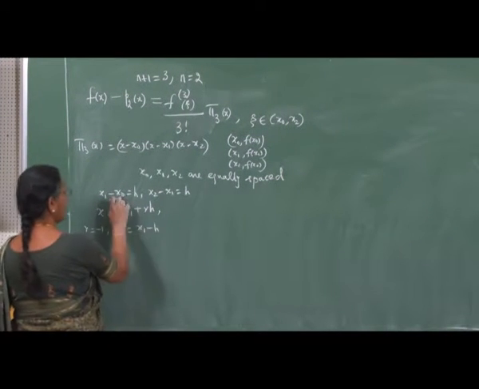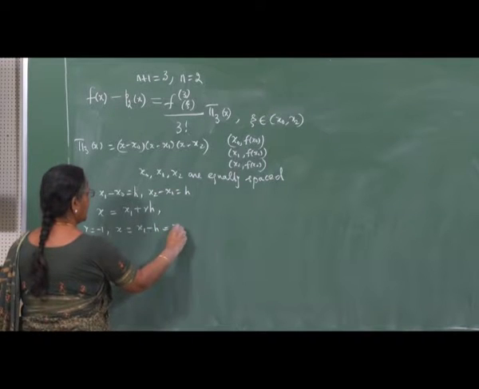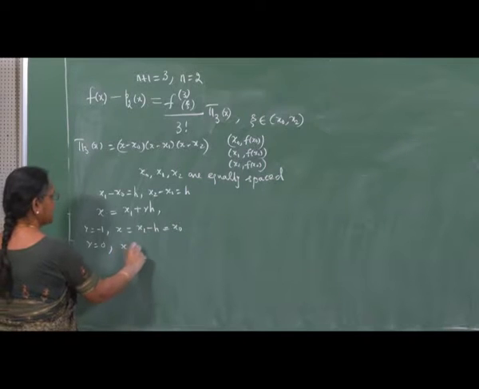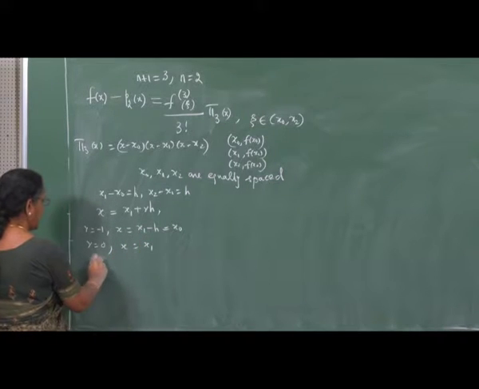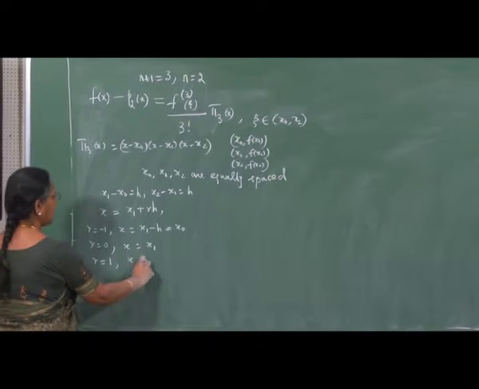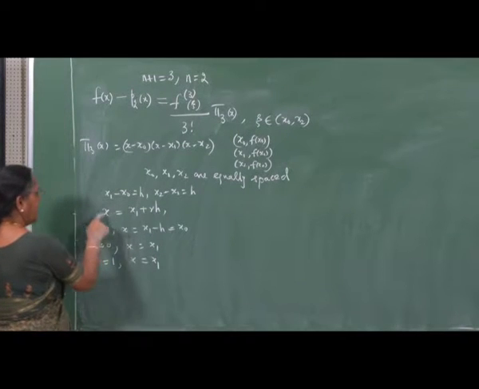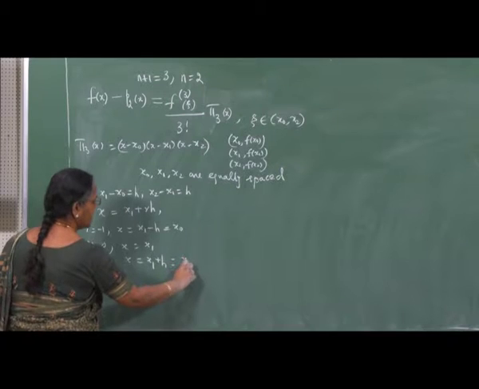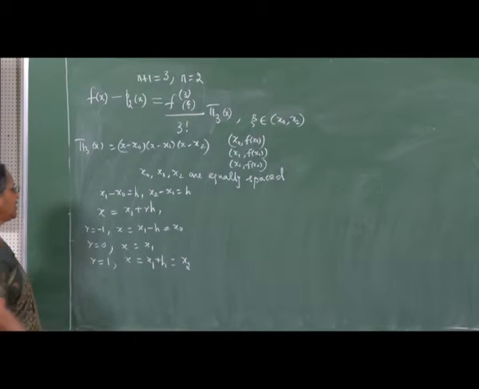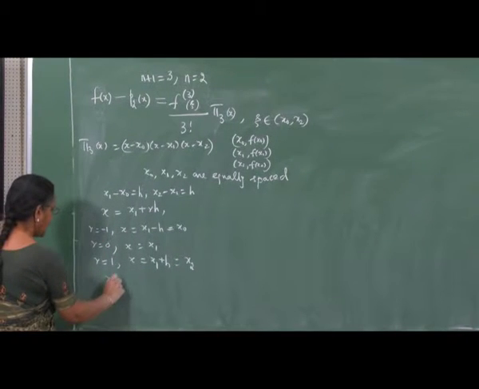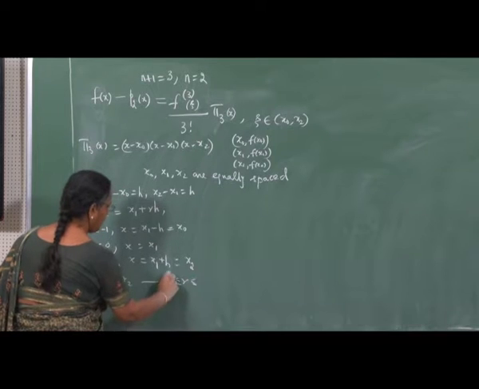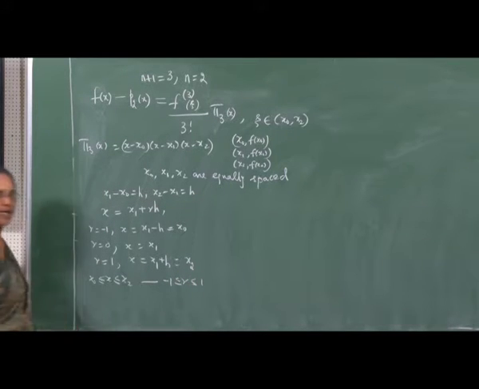So, I am at x naught. Whereas, when r is 0, my x is at x1, and when r is 1, my x is x1 plus h, and that is x2. So, as x runs between x naught and x2, my r runs between minus 1 and plus 1.